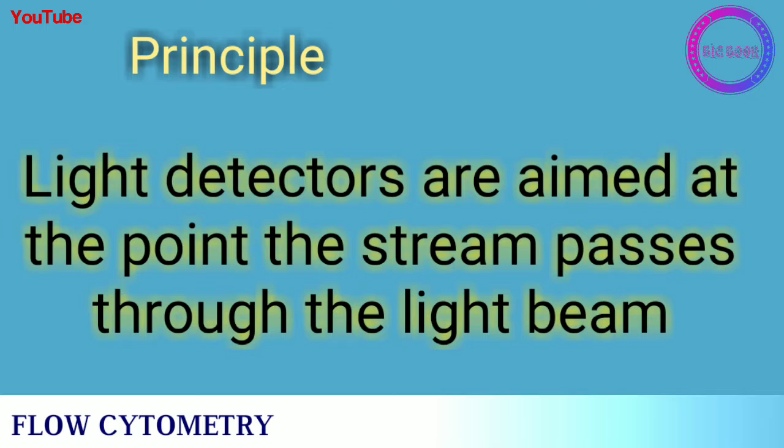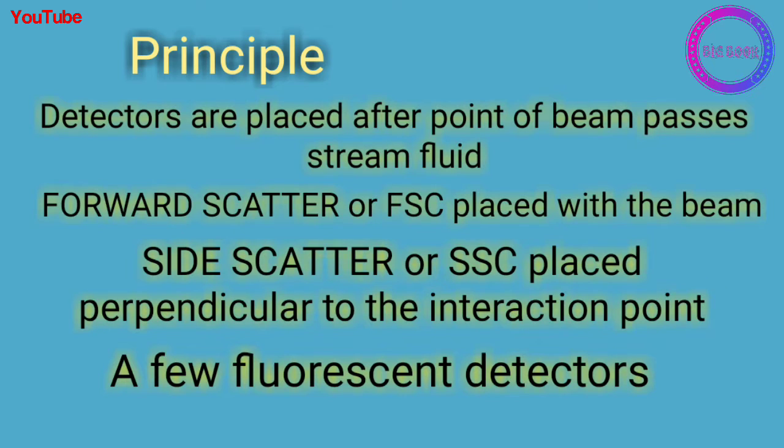Light detectors are aimed at the point where the stream passes through the light beam. Now, detectors are placed after the point where the beam passes through the stream fluid. Forward scatters are placed with the beam. Sideward scatters are placed perpendicular to the interaction point.